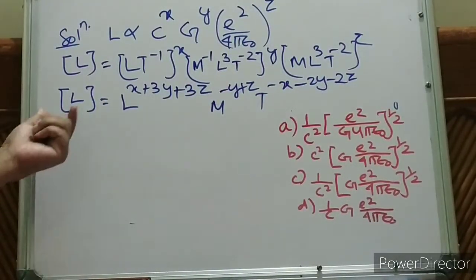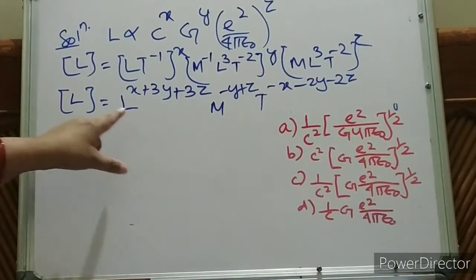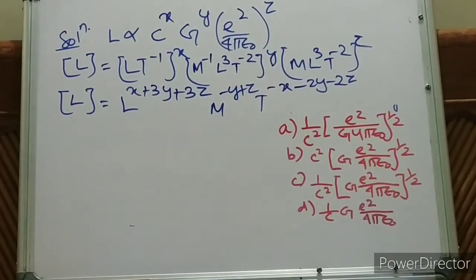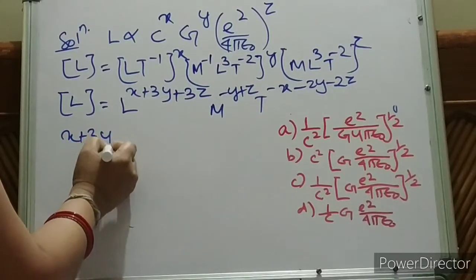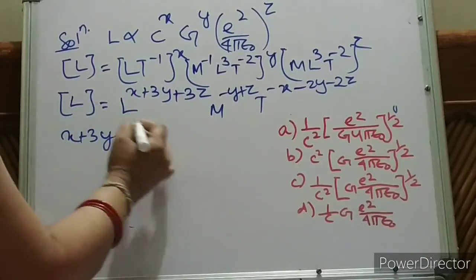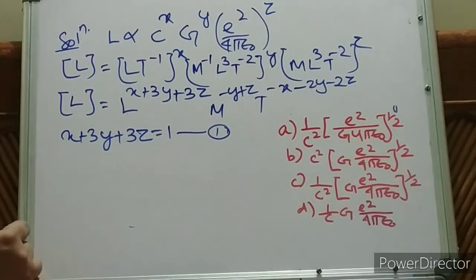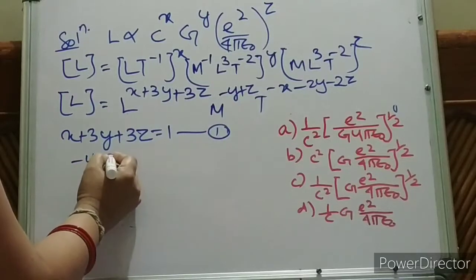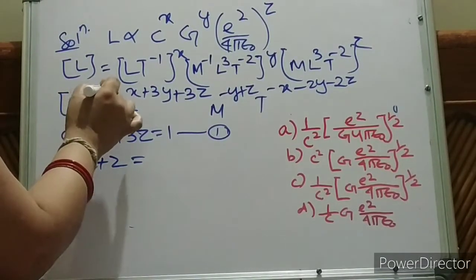So what we will do? Now we will compare the left hand side and right hand side. If we compare here, what is the power of L? That is your 1. So what we will write? X plus 3Y plus 3Z, because base is equal to 1. This is your first equation. Clear, children? Then second, minus Y plus Z. No M over here, that means we can write M to the power 0.